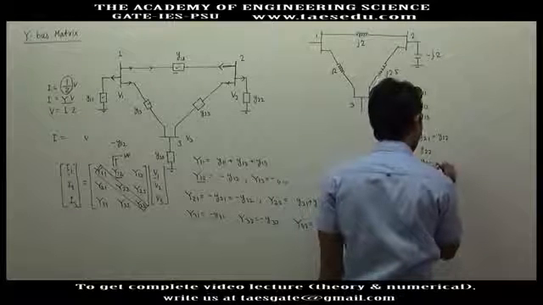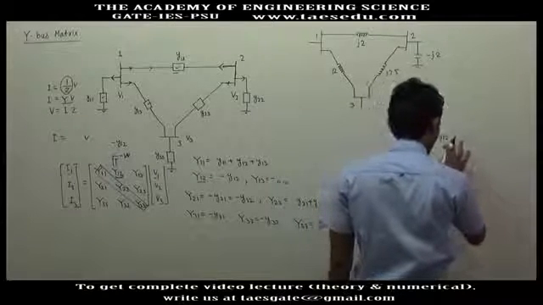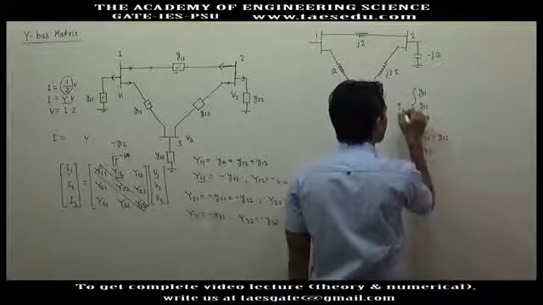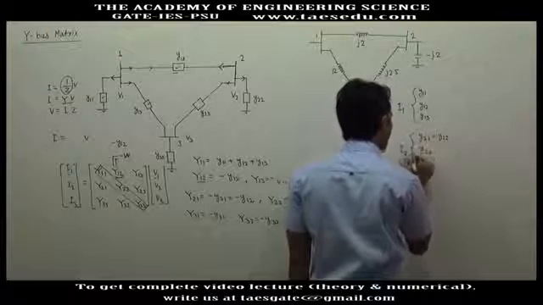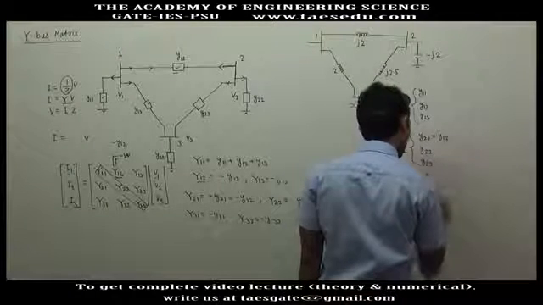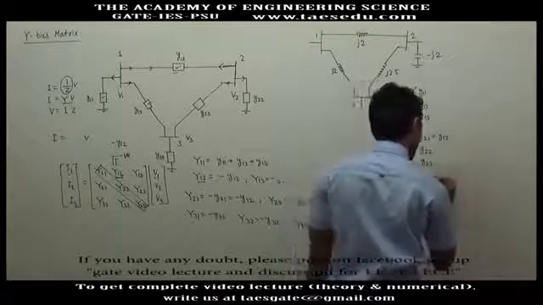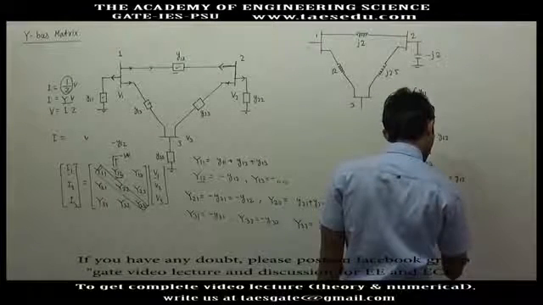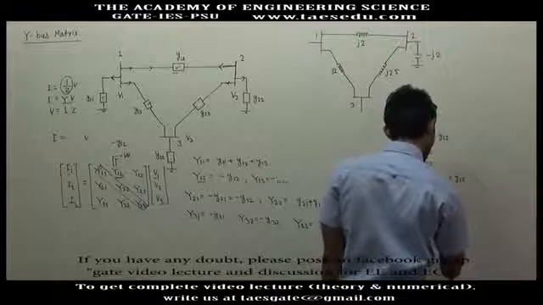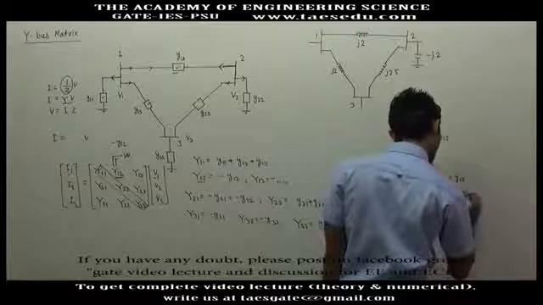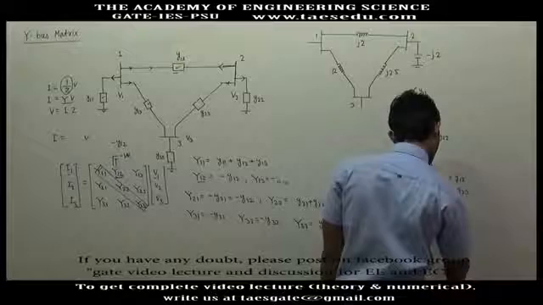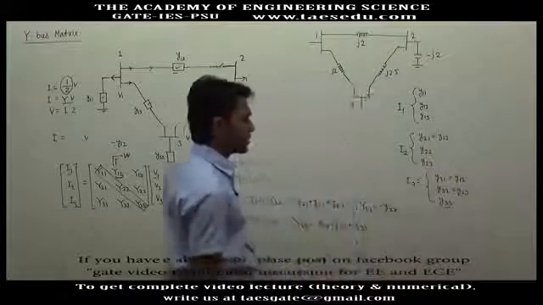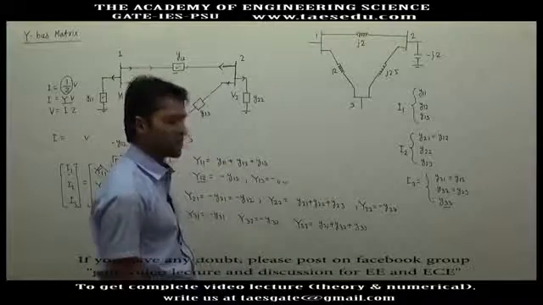Y23 is also equal to, okay, I will write later. And for I3 the constant quantities are y31, which is also equal to y13, y32, which is equal to y23, and y33, which is nothing but the shunt element, the admittance of the shunt element connected at bus 3.